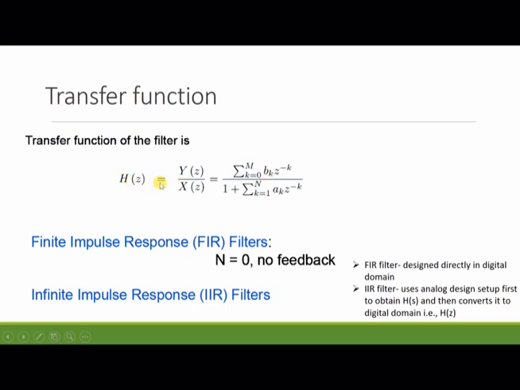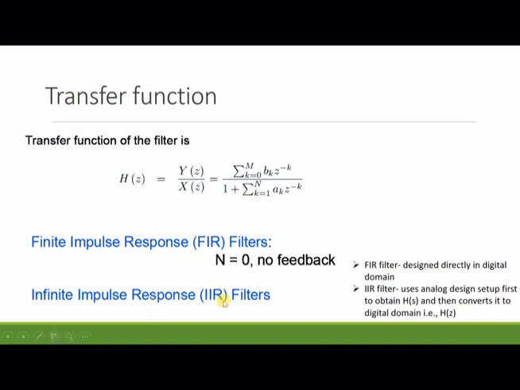Hence, H of z will take the form of summation k equal to 0 to M, b_k into z raised to minus k, where b_k are the filter coefficients for FIR filters. And since the denominator is absent, this expression contains only the b_k and the numerator z polynomial, so FIR filters are termed all-zero filters.